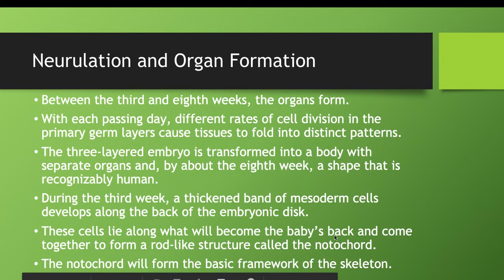One of them is notochord, I think a phylum, or having a notochord, and that means having a backbone. So this notochord will actually form what we know of as a skeleton or our backbone, our vertebrae.